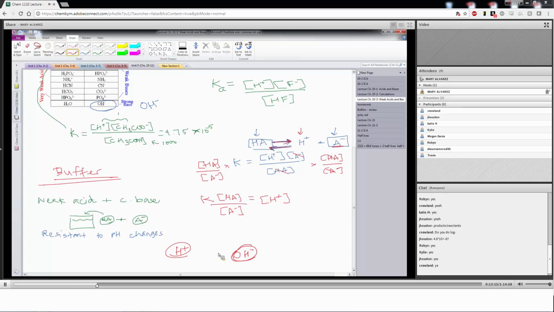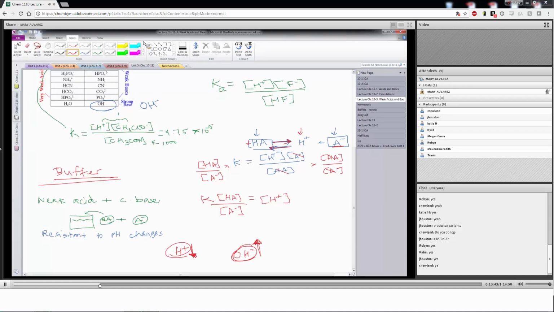So instead of adding a strong base, which is what I thought I was adding, it's immediately converted to a weak base, and that weak base prevents a large pH change. Instead of having the pH go up by lots because it was a strong base, it goes up by just a little bit because it was converted to a weak base. And again, instead of having the pH plummet because I added a strong acid, it just goes down a little bit because that acid was converted to a weak acid.